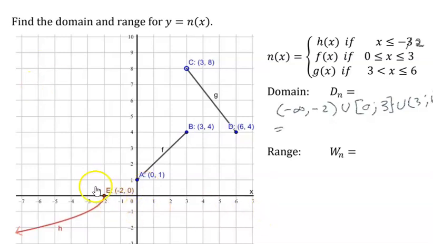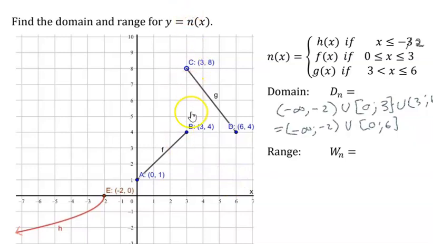Because of the gap here, from minus 2 to 0, we cannot change anything about it, so the minus infinity to minus 2 remains as is, but the other two we can find their union by writing down from 0 up to 6, because the hole here is covered by the 3 here, so the domain just continues from 0 up to 6.